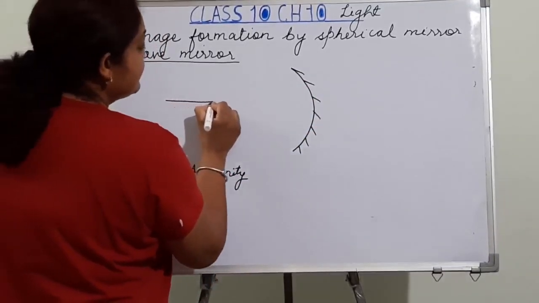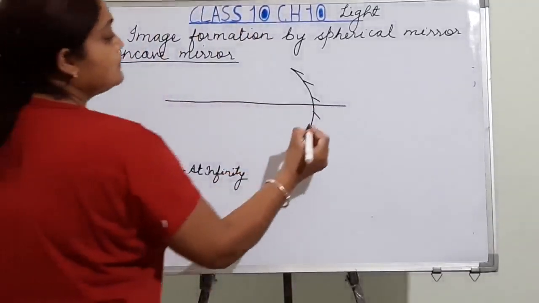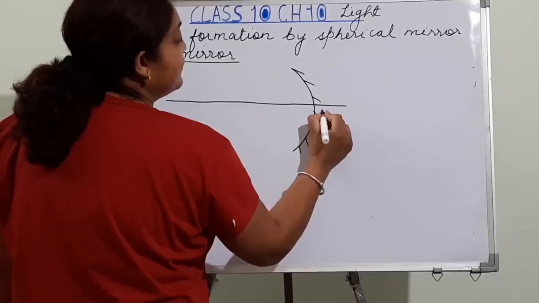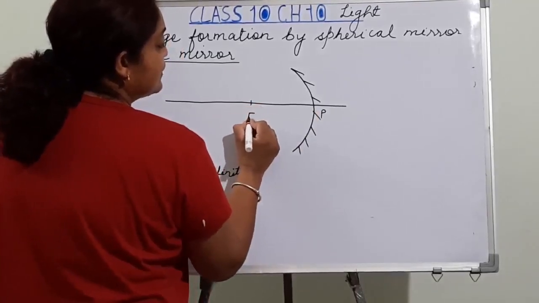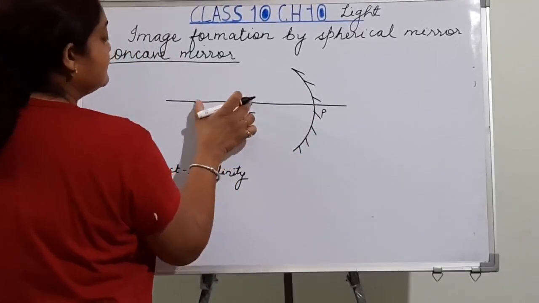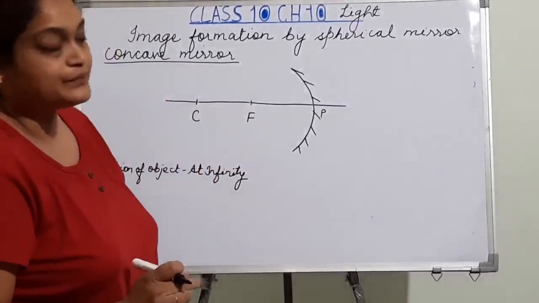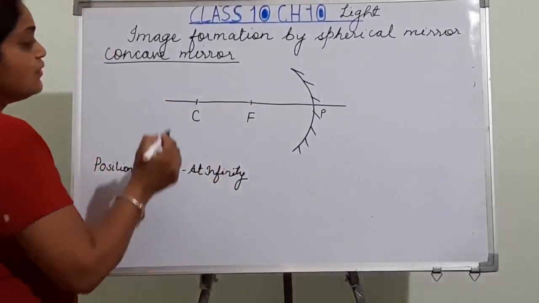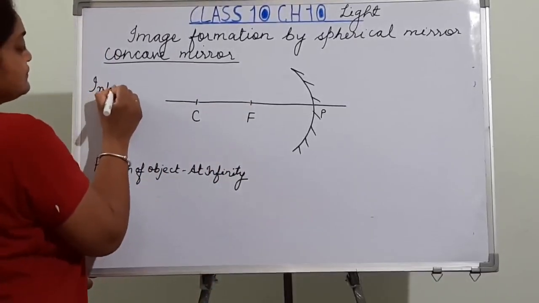Now this is principal axis, this is pole, focus, center of curvature, right?